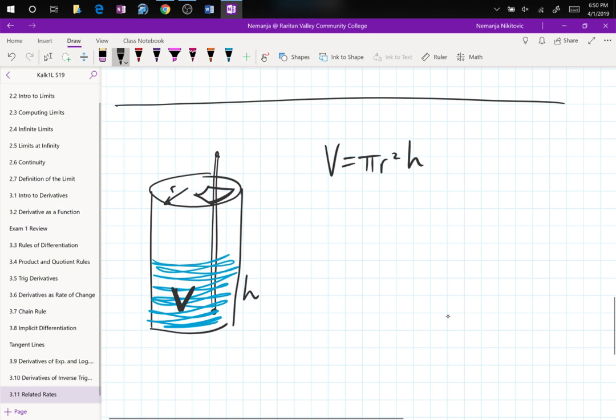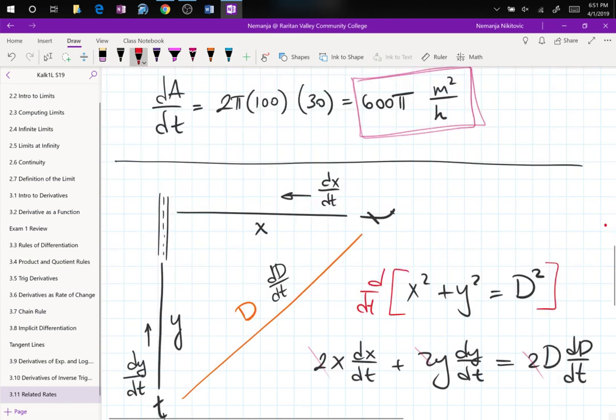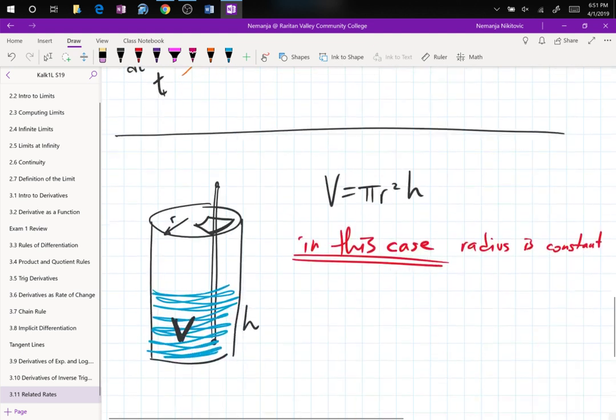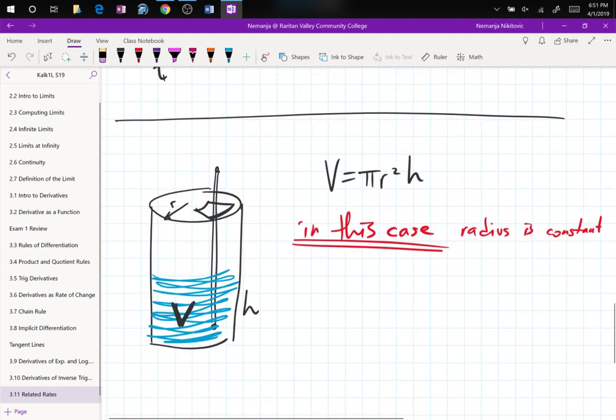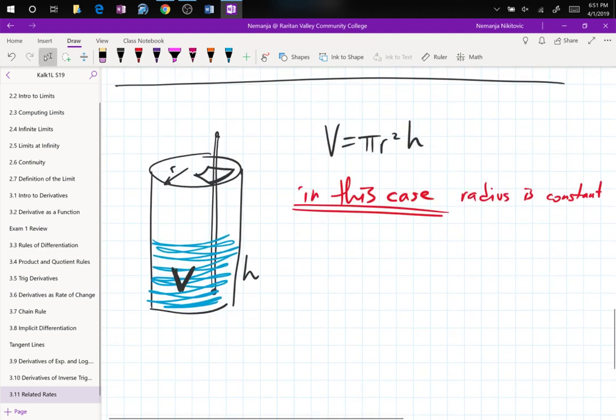No. So here I'll write in blood. In this case, radius is constant.